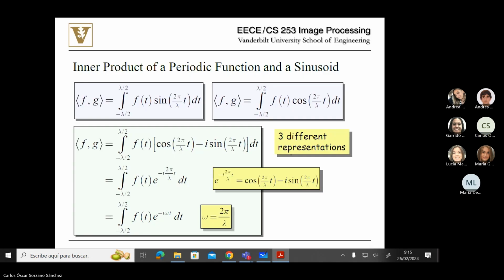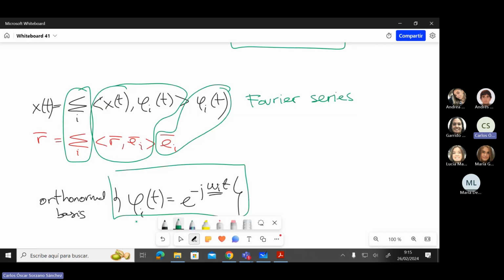So here we have the Fourier series, so we are going from minus lambda half to lambda half. And then we have f of t times my basis. So my basis is the complex exponential.